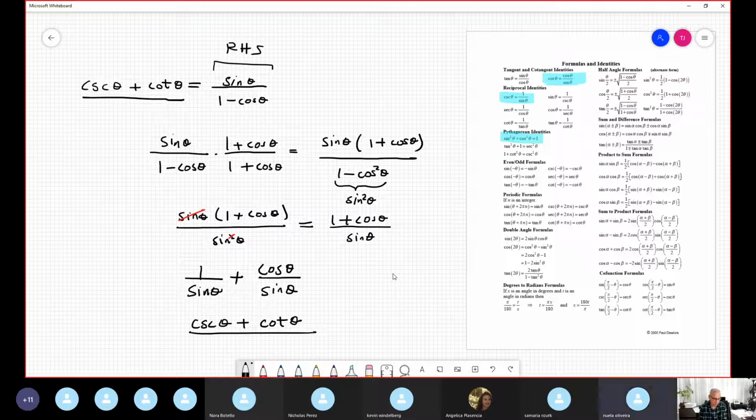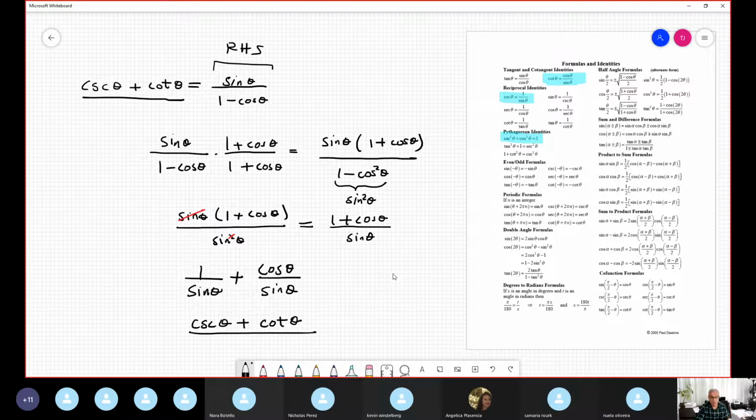Oh, Professor, I have a question. We start with the left side this time, right, Professor? No, I manipulate the right-hand side. I never touch the left-hand side. There is a possibility to do it the other way, maybe, but on my paper, I do that.